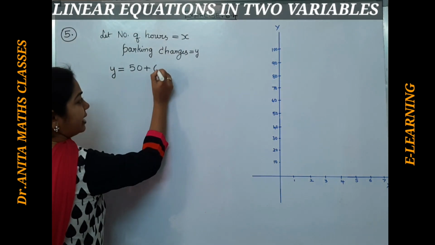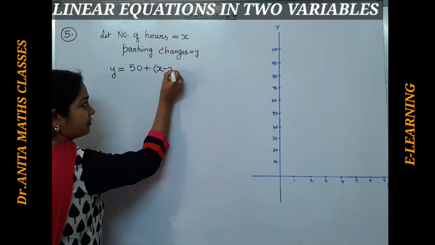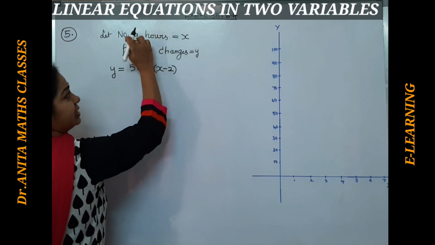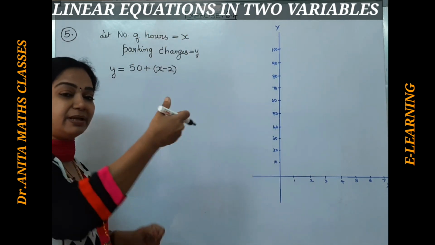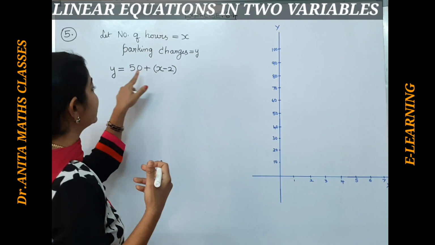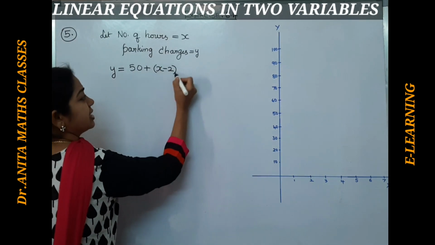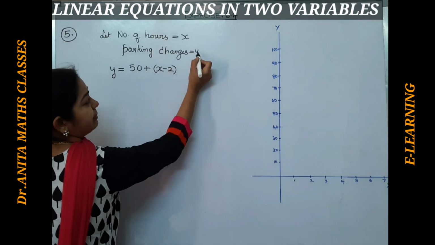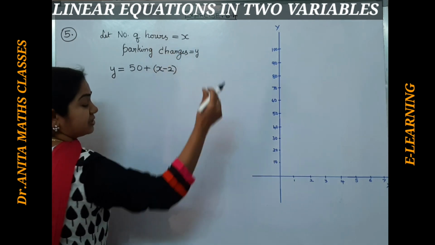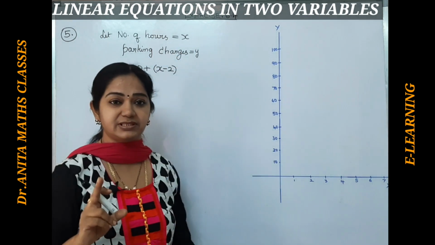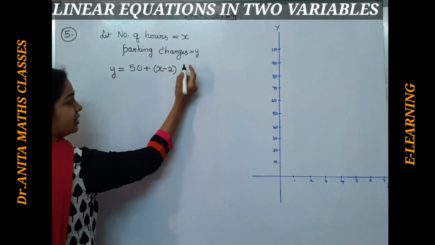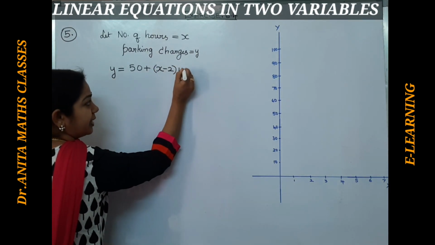From x, I delete the first 2 hours, and for the remaining hours we multiply with 10, for each hour 10 rupees.